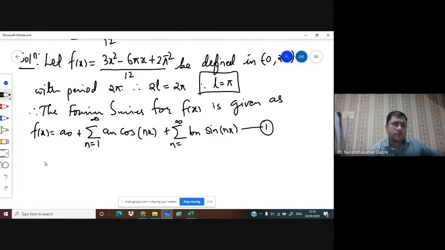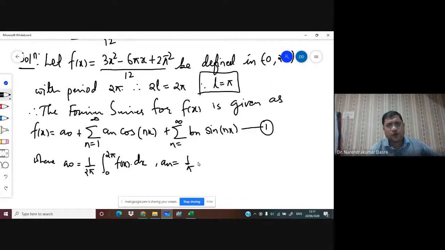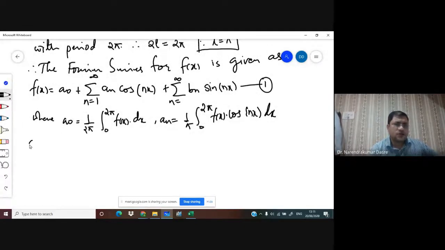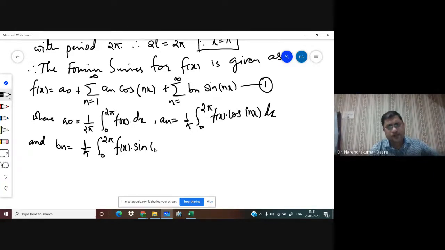Let this be equation 1, where a0 is 1 upon 2 pi integral 0 to 2 pi f of x dx, an is equal to 1 upon pi integral 0 to 2 pi f of x cos of nx dx, and bn is equal to 1 upon pi integral 0 to 2 pi f of x sine of nx dx.